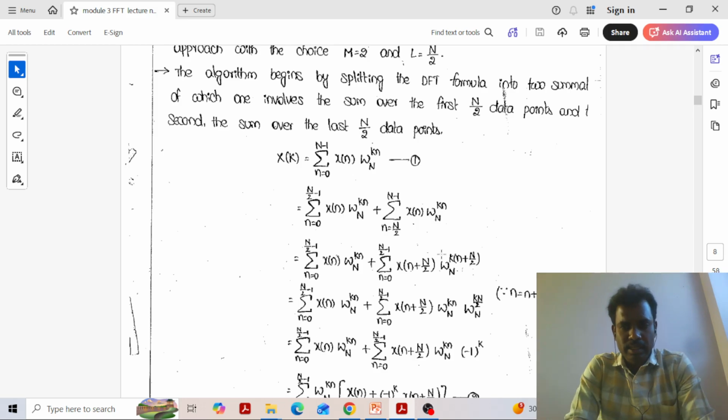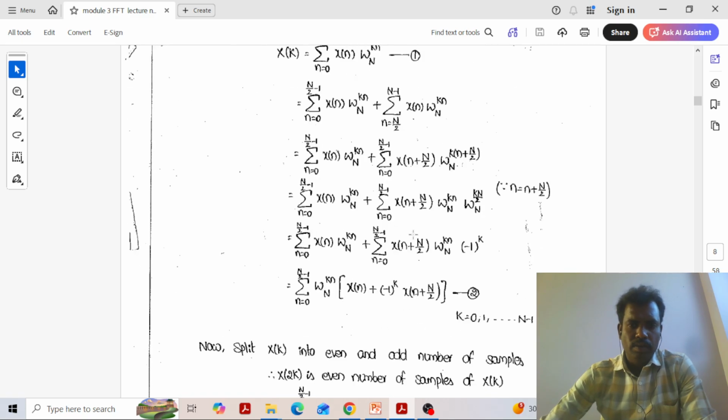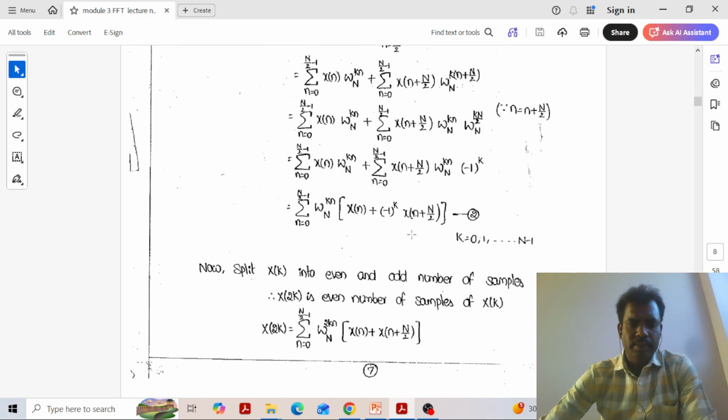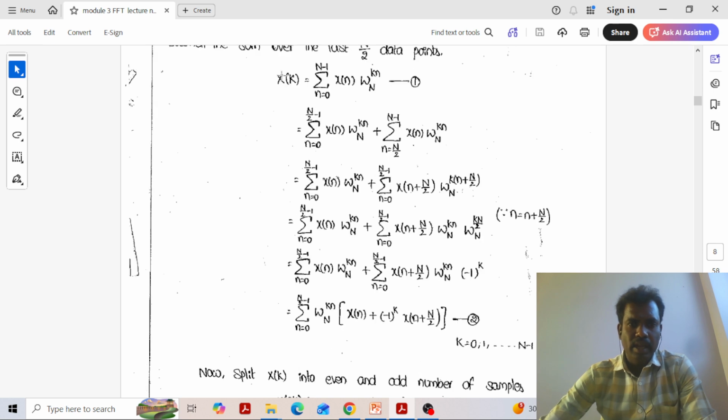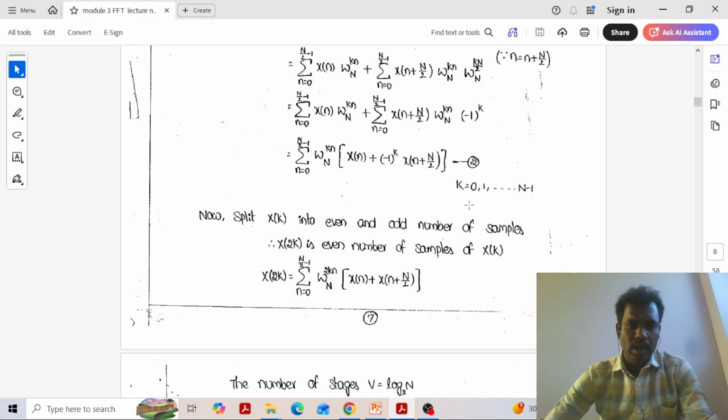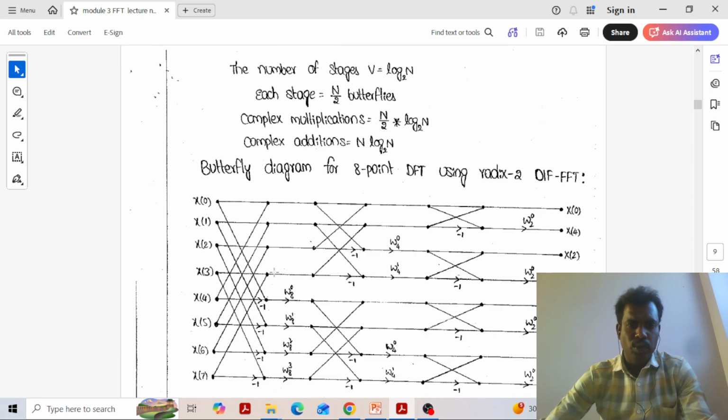As we have discussed in the DIT FFT, in the similar manner here also mathematically we can divide the X of k output into two parts. When the output is divided into two parts, see X of k: half values 0 to N by 2 minus 1, and the other half is X of 2k and X of 2k plus 1.